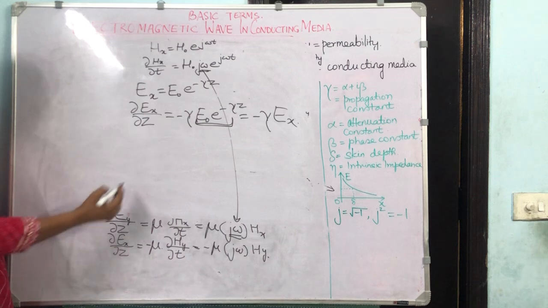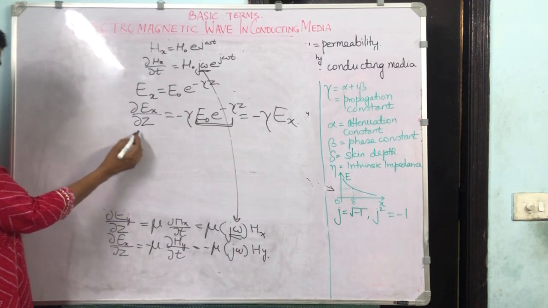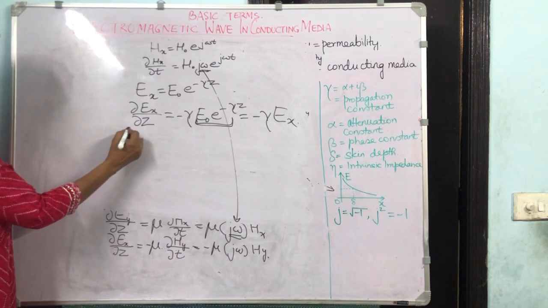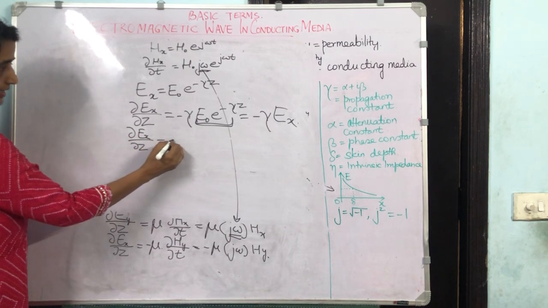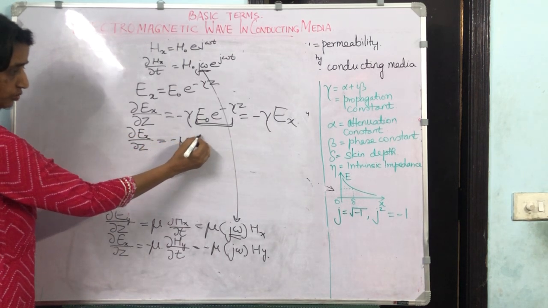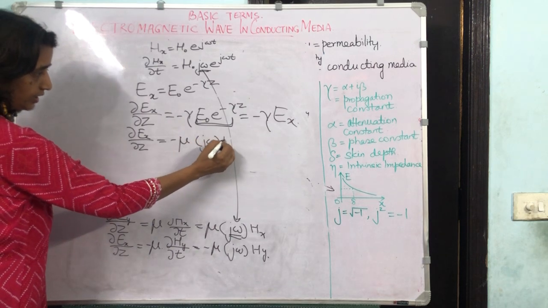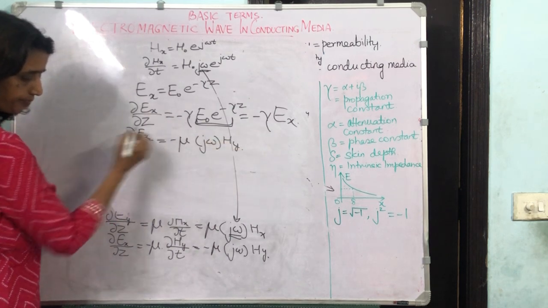This value we can now put in the equation del EX by del Z is equal to minus mu j omega HY.